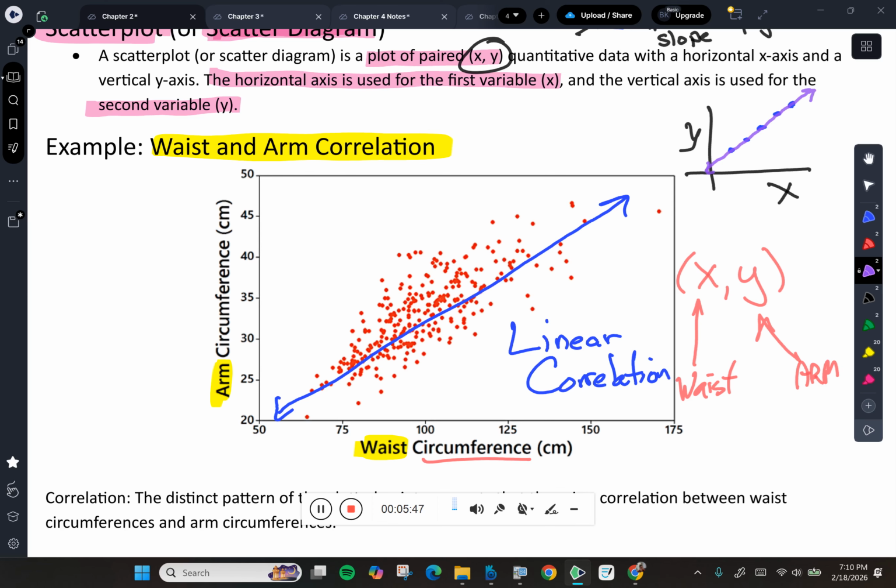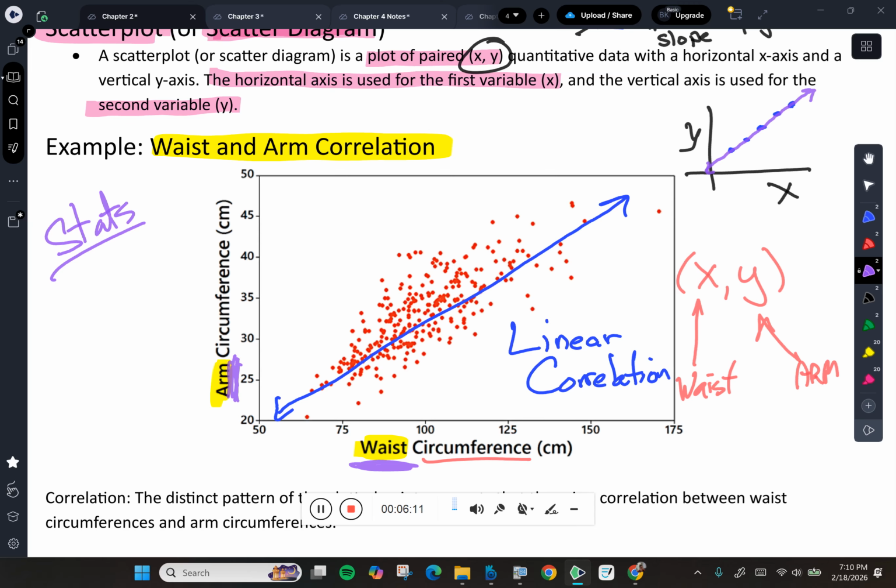This isn't algebra. This is stats. And stats says, yeah, it's not perfect. Is it pretty much linear? Is there a general overall trend that says when the waist circumference gets larger, the arm circumference also gets larger?